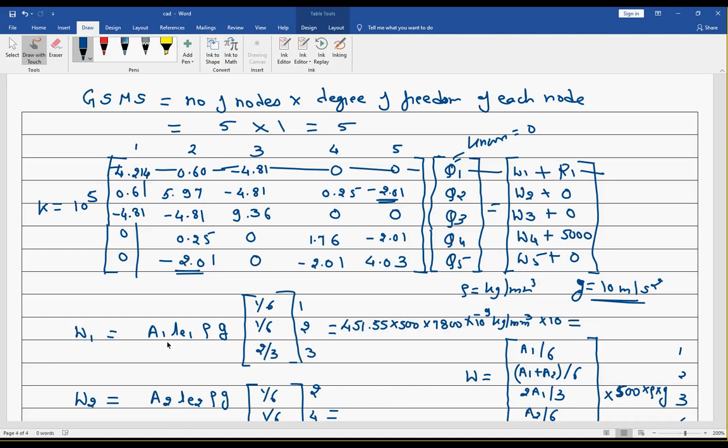I am calculating this factor only. So we'll go step by step. First we will find out this value.